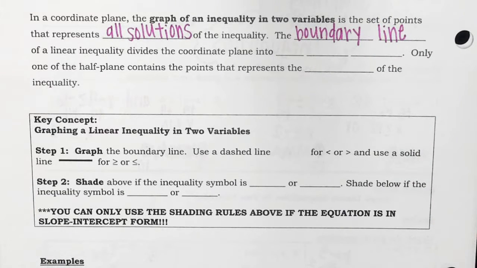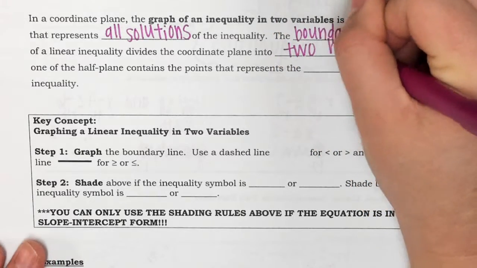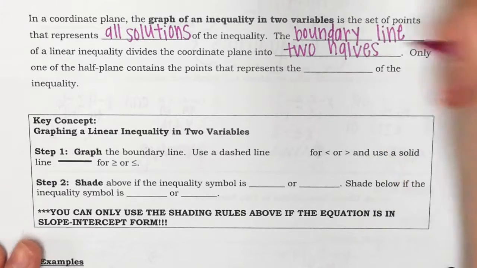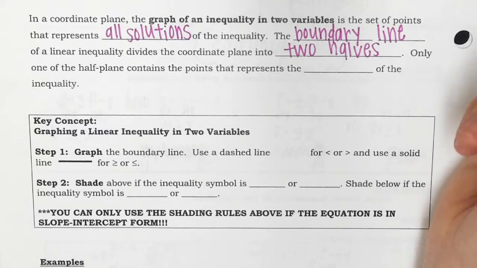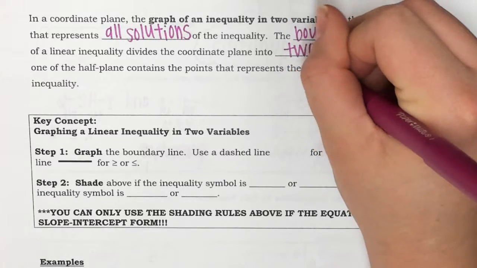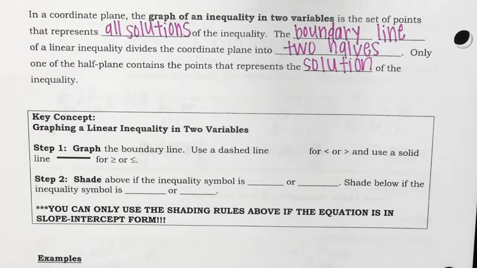This boundary line is going to divide our coordinate plane into two halves. When we divide it by a boundary line, only half of the plane is going to contain the solution of the inequality.